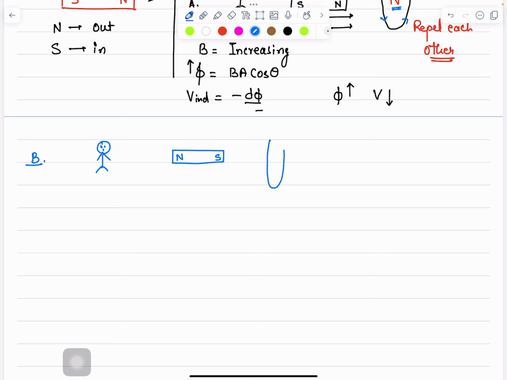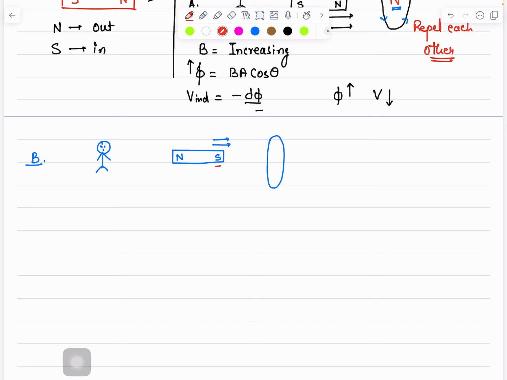Okay, and let's say the person is trying to move here. Okay, south is going towards, yes or no? If south is going towards, then what will happen? Will it increase or decrease? Just think and tell me what will happen here.